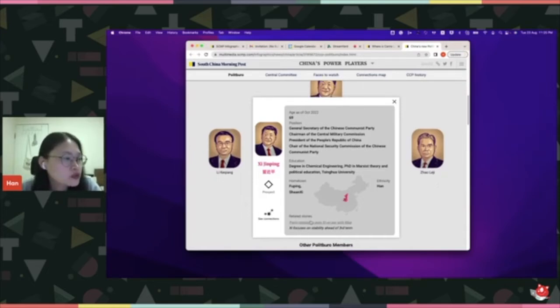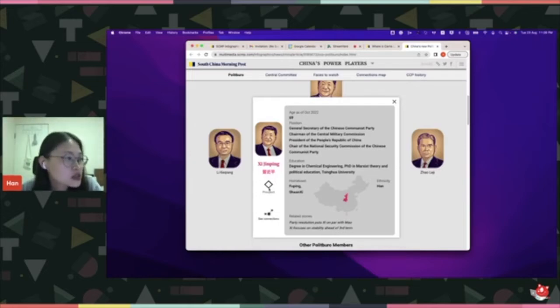If you click, here we add some related stories. If you feel interested in this guy, you can just click the articles to read. And here there are little symbols. They show our reporters' analysis about his future in the party.